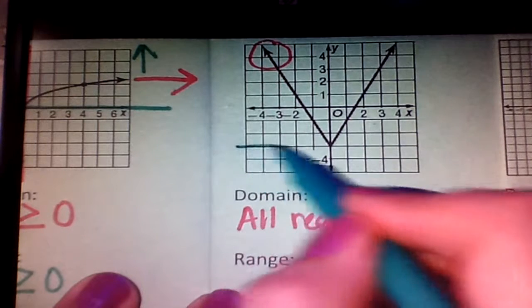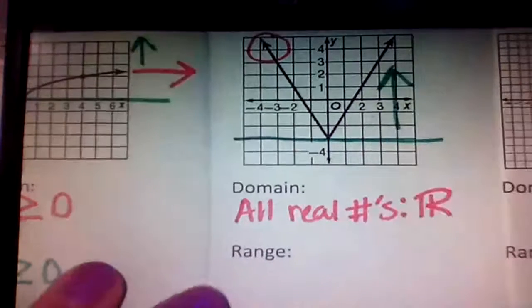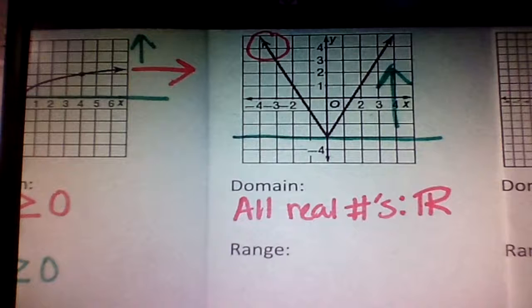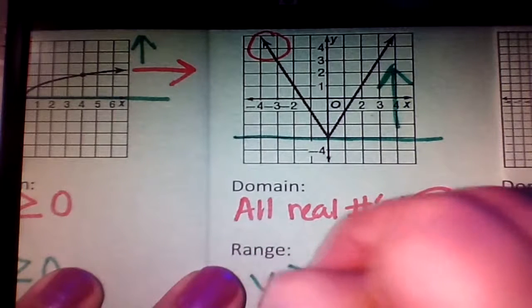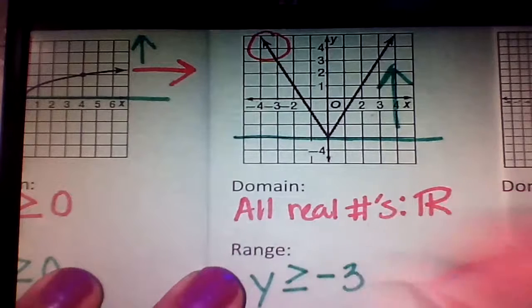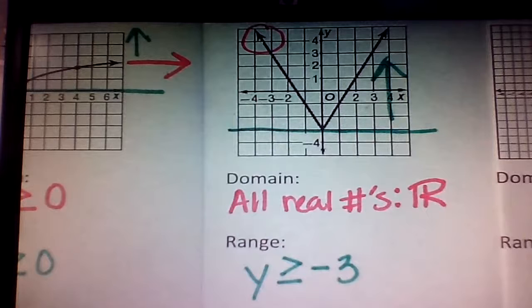It's not going any lower than -3, but it's going to continue to go. Restriction on the range. Range is always going to be greater than or equal to -3. It's never going to go any lower than -3. All of my Y values are going to be -3 or above.